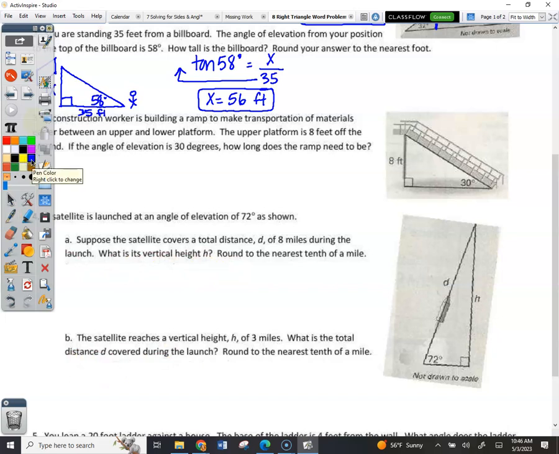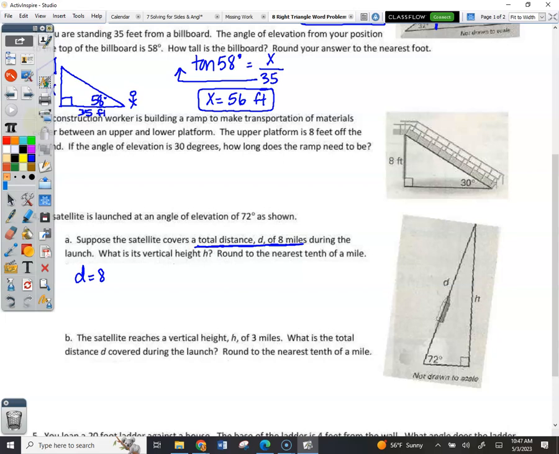It says suppose the satellite covers a total distance d of 8 miles. What is this telling me right here? D equals 8. They're saying to let d equal 8. You have this picture right here, right?